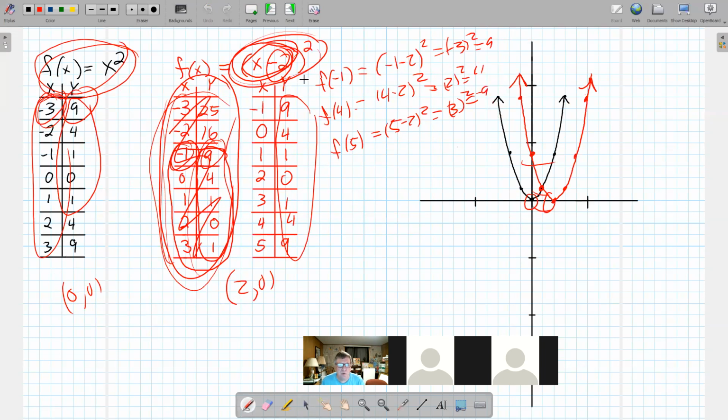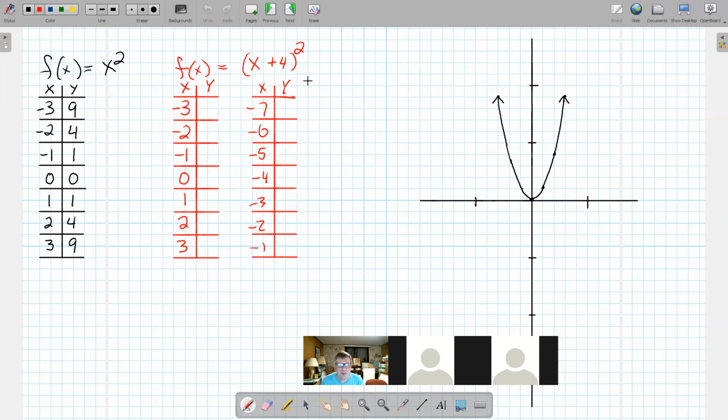A -2 inside moved it in a +2 direction horizontally. What do you think this is going to do? What would a +4 inside do to the black graph? What would the red graph look like? It would move it 4 units in a negative direction.